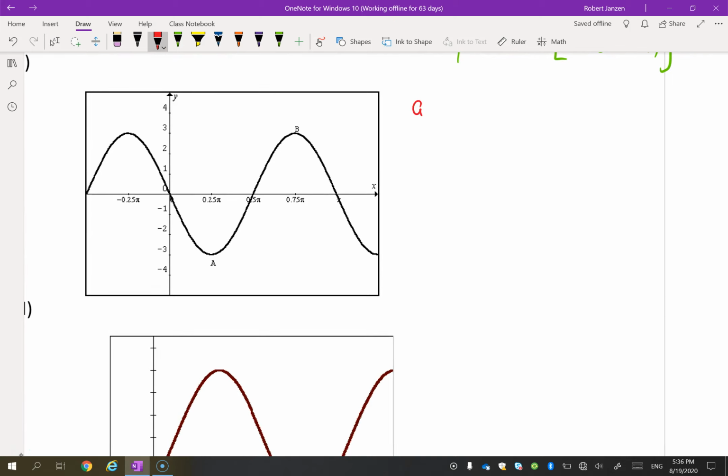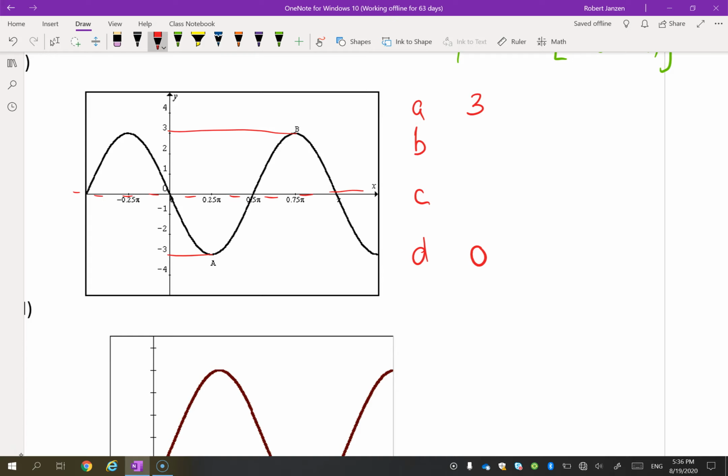Okay, one more. Where's the midline? This graph looks like it goes from 3 to -3, so the midline is right there. It hasn't gone up or down. The amplitude is 3. What is my period?